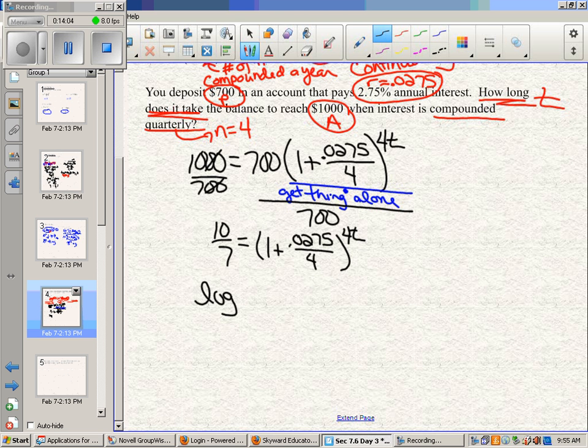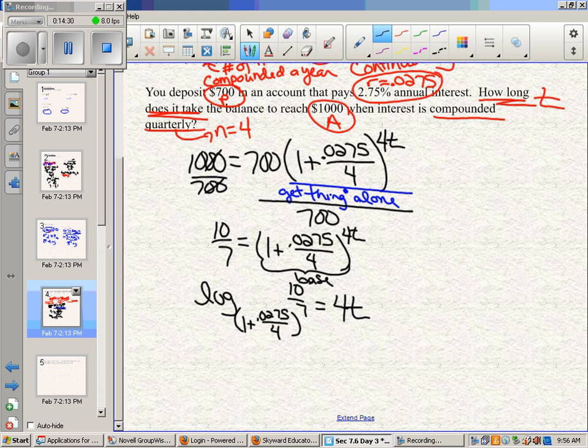What's the base up here? What's being taken to the power? So that's the same as the base of your log. Log base 10/7 of equals 4t.